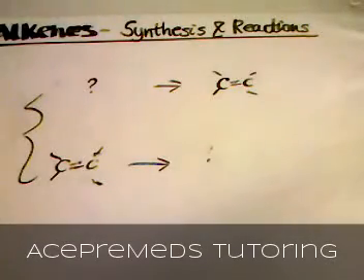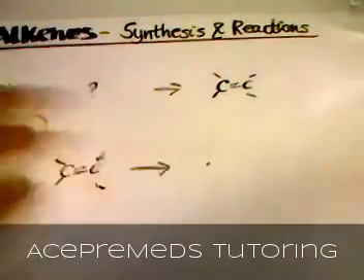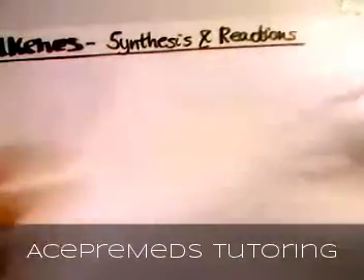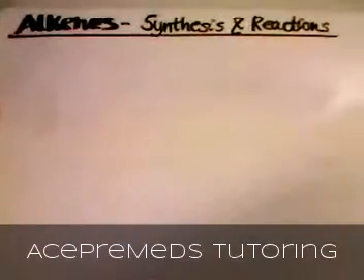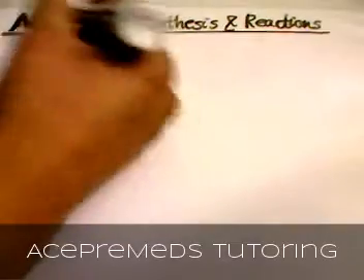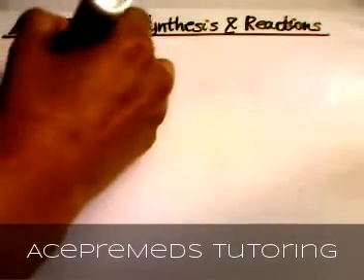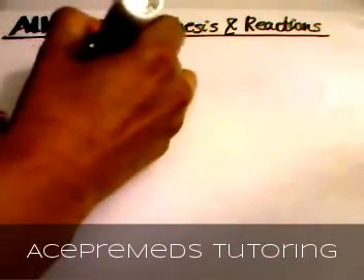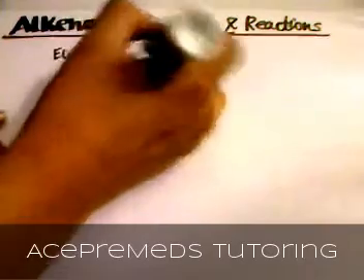One of the reactions that we learned already of the alkyl halides in the previous chapter was an elimination reaction, which is a reaction that can give us alkenes.